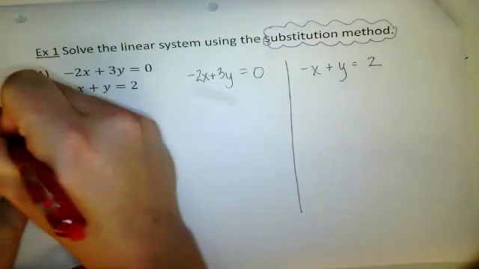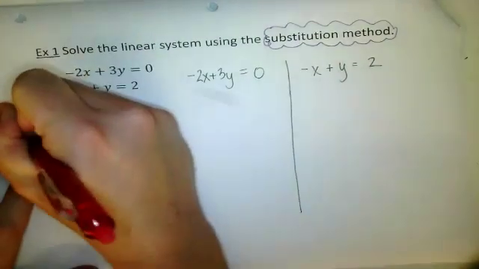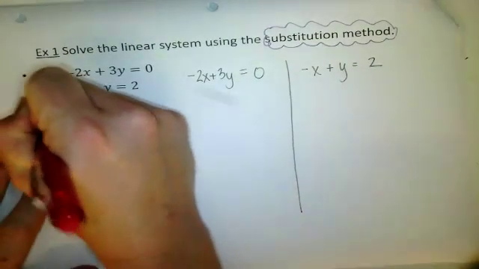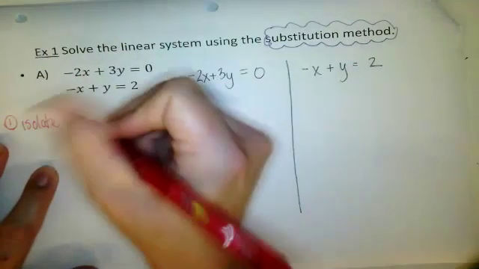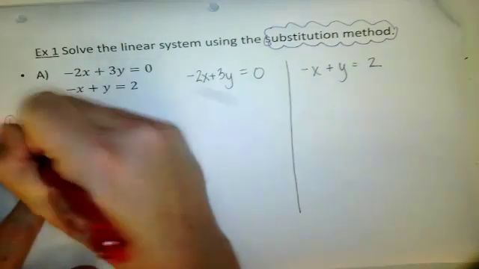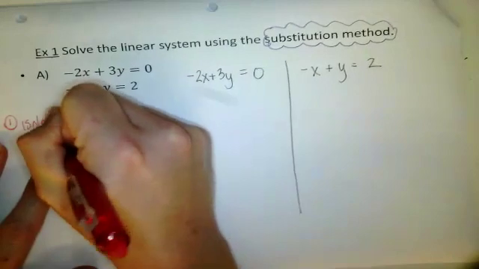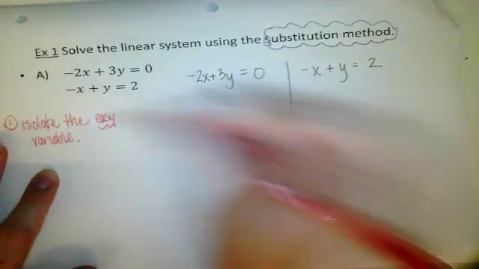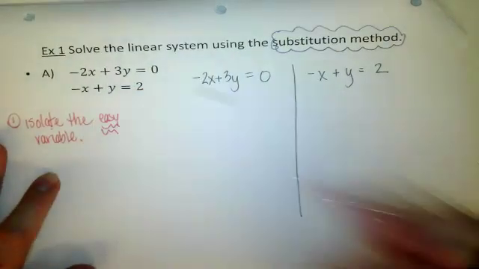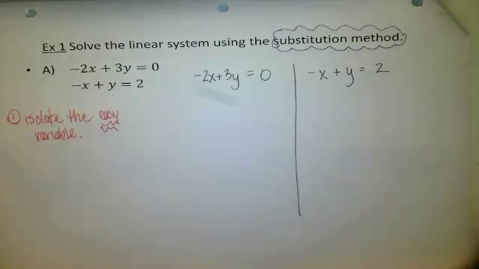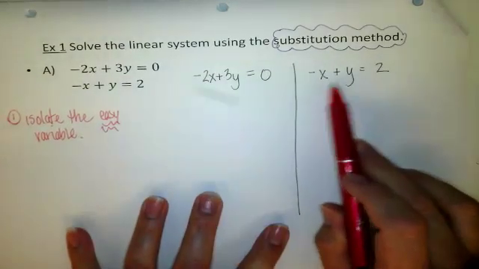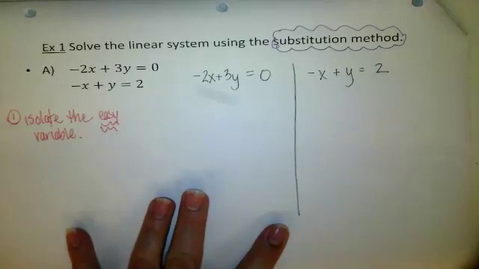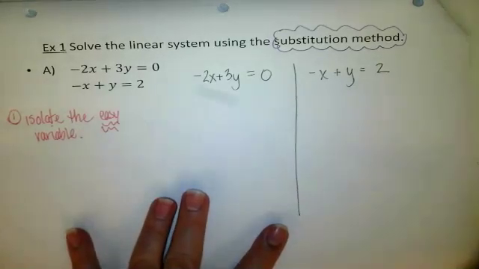So the very first thing we do once we write down our 2 columns is we are going to isolate the easy variable. So you're going to write down some steps as we go. Isolate the easy variable. So we're going to look at our x's and y's, and I want you to tell me which one do you think is the easy variable?